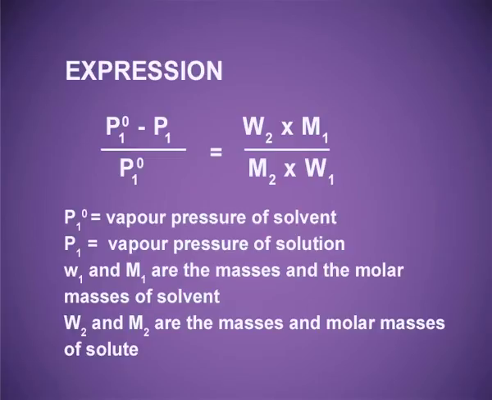P1 is the partial vapor pressure. Component 2 is the solute. Now you can see from the formula that it is molality, W2 into M1 divided by M2 into W1. So, the more the number of solute particles, the more will be the lowering in vapor pressure.